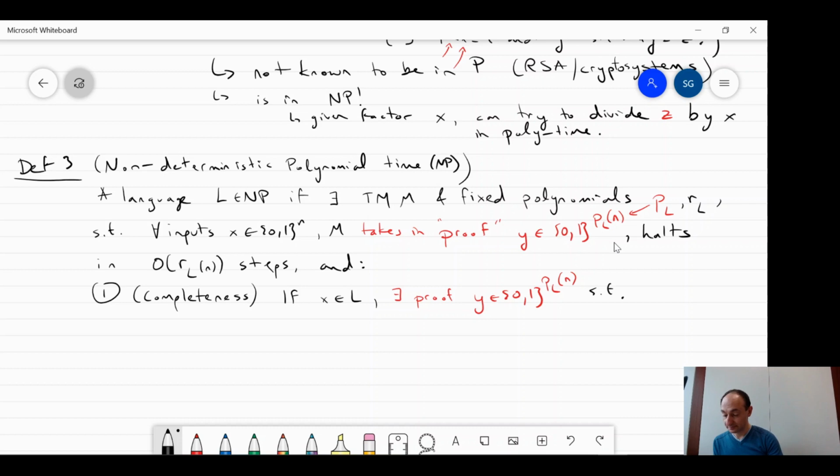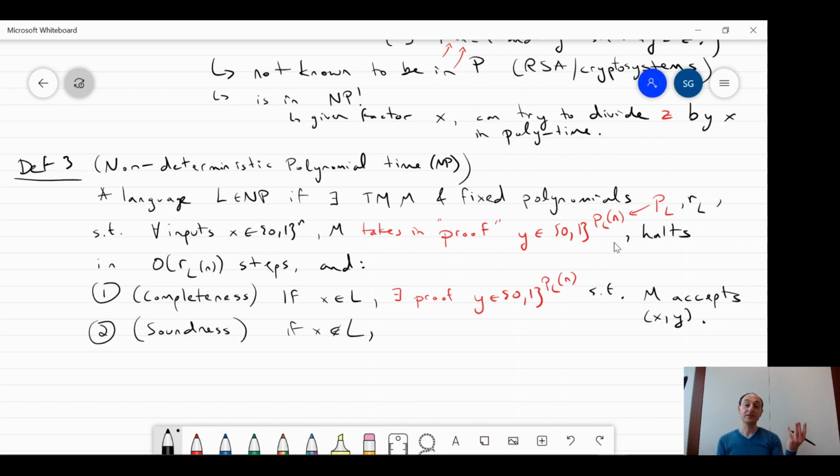Such that M accepts both the input and the proof together, x comma y. And the no case, soundness: if x is not in L, then think about it for a sec. What should be true? If this is going to be a meaningful proof verification system, then if the answer is no, no matter what proof you give me, you should not be able to convince me that the answer is yes, right?